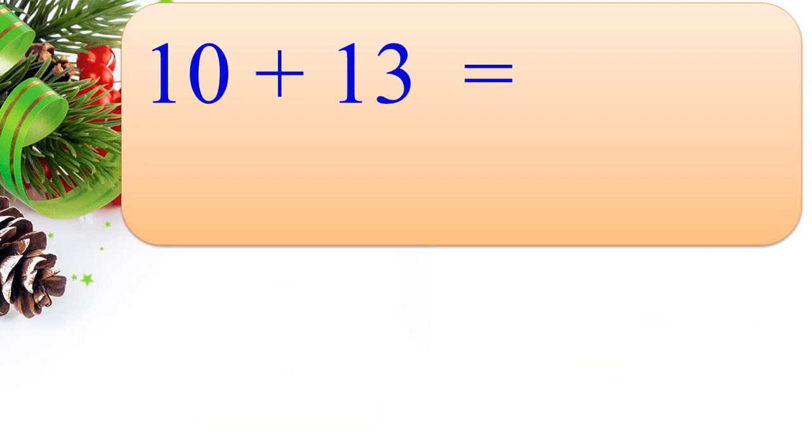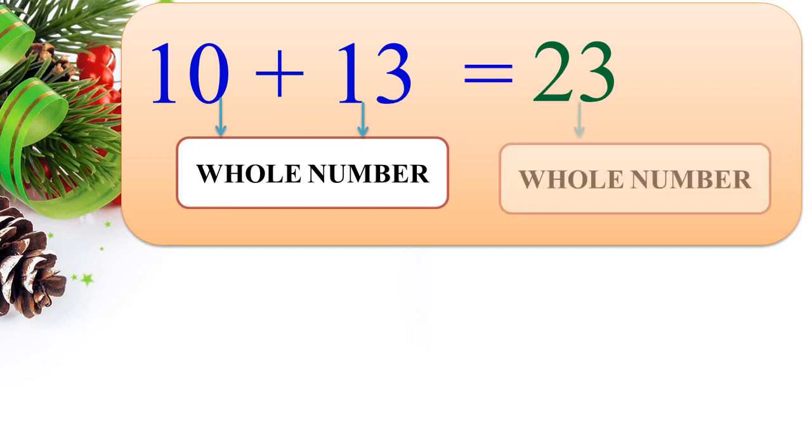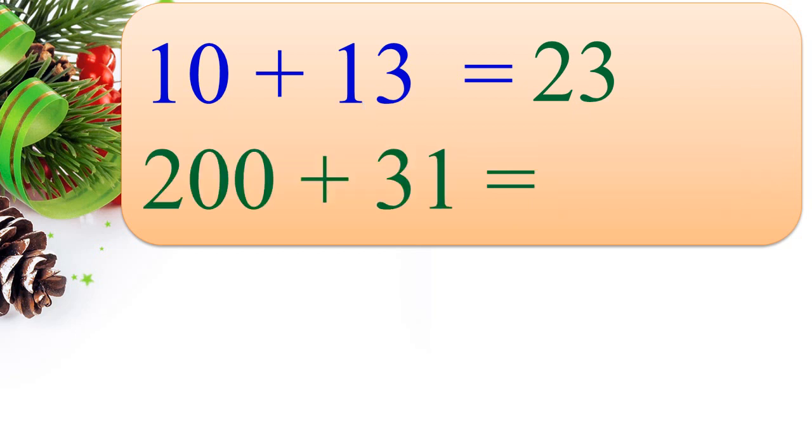Let us see some more examples. 10 plus 13 equal to 23. Here 10 and 13 are whole numbers. The result 23 is also a whole number. And 200 plus 31 equal to 231.